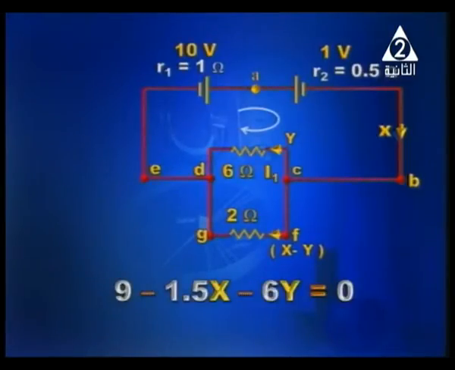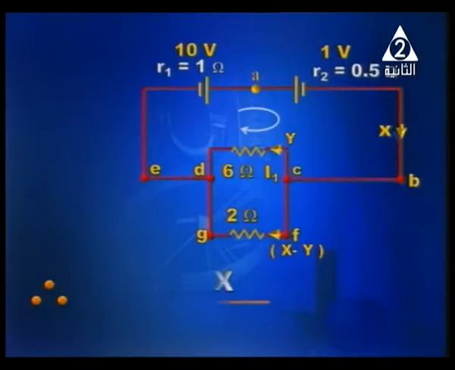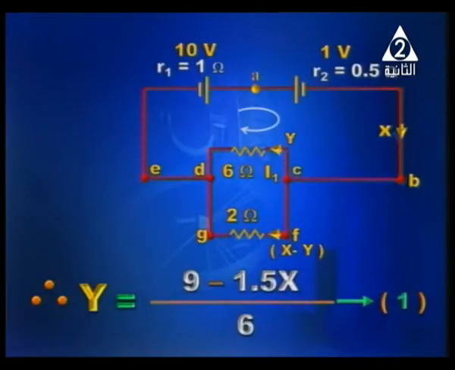This equation can be simplified: 9 minus 1.5x minus 6y is equal to 0. In this way, we obtain the value of y in terms of x. It is equal to 9 minus 1.5x over 6. This is the first equation.